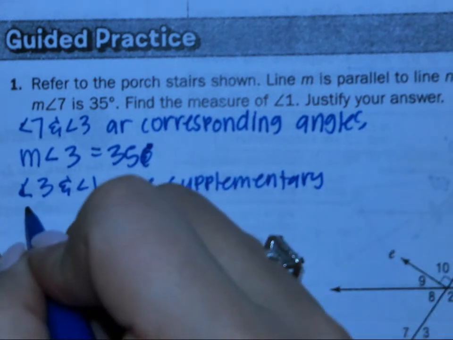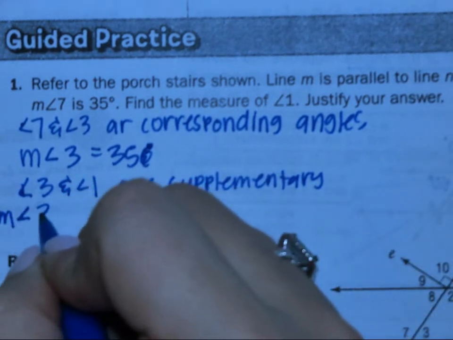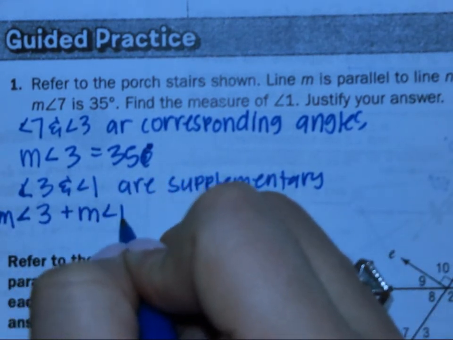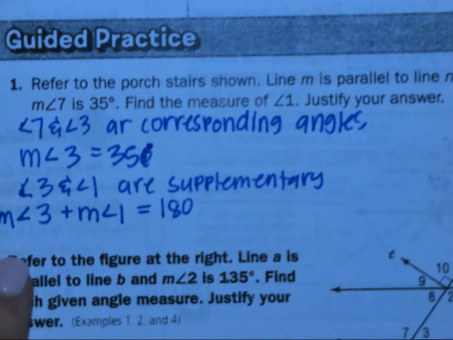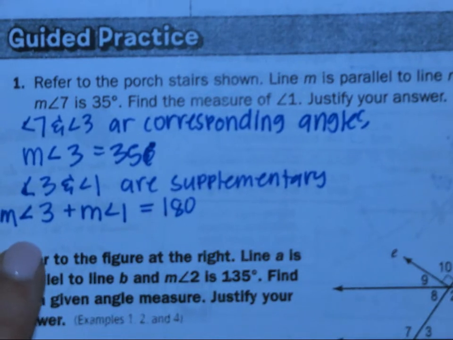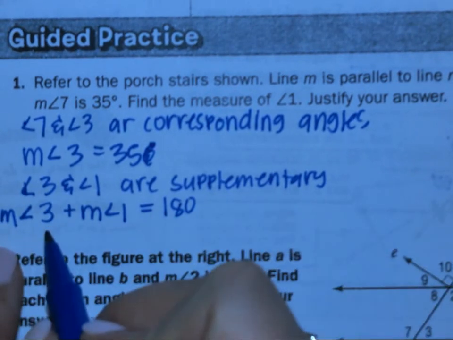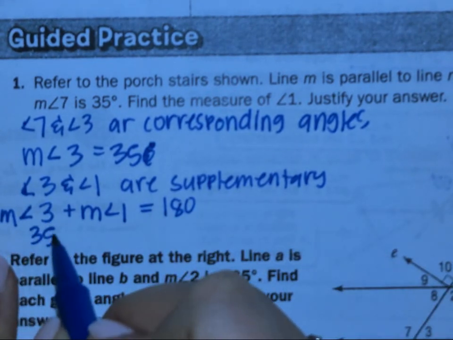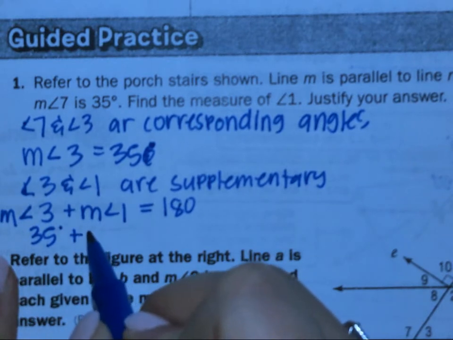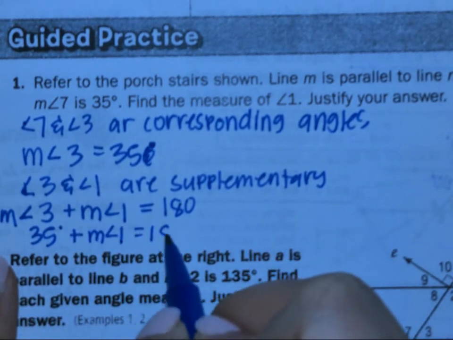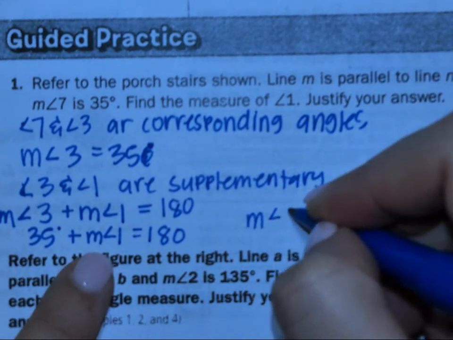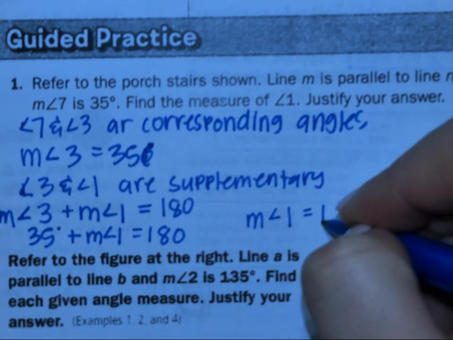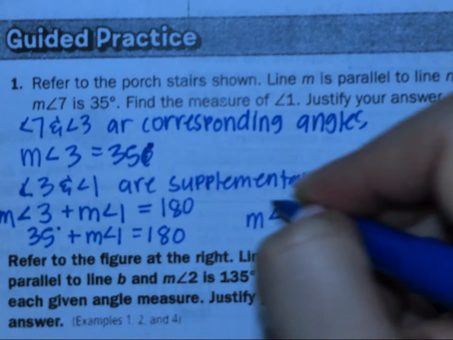So that means the measure of angle 3 plus the measure of angle 1 equals what? 180. I already know that the measure of angle 3 was 35 degrees. So I have 35 plus the measure of angle 1 equals 180. So when you solve for the measure of angle 1, what do you get? Good. 145 degrees.